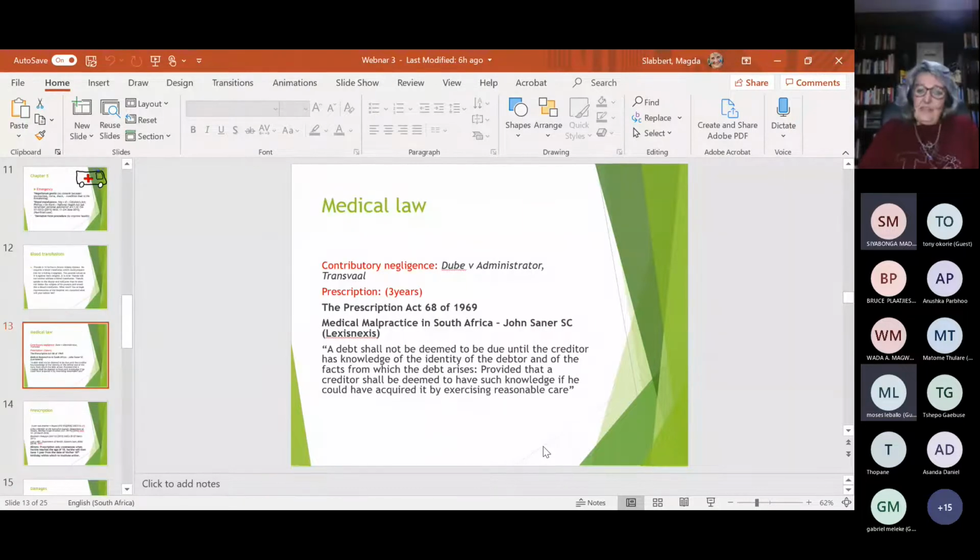Okay. Then you can also argue contributory negligence. We've spoken about that in previous webinars. Remember the Dube case with the plaster on his arm, who delayed going back to hospital, and then his arm had to be amputated, but he was illiterate and he did not understand for what signs he must look out.